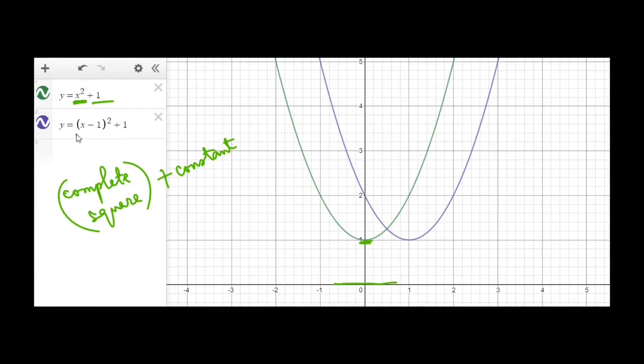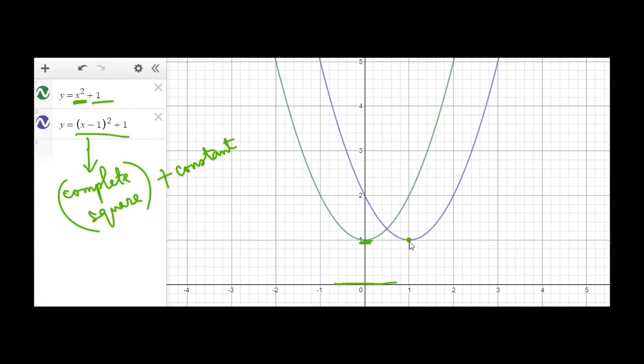Also this one, x minus 1 whole square. This is also a complete square. X minus 1 whole square plus 1. Here the vertex is shifting to 1, because here we have x minus 1 whole square.